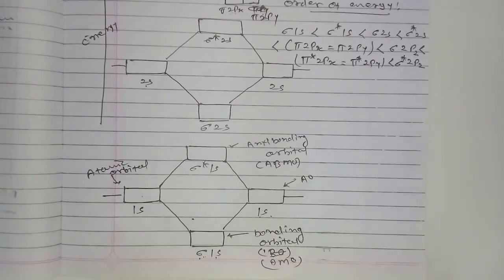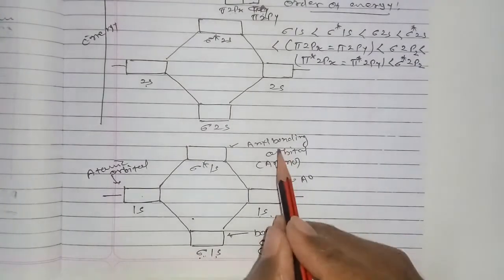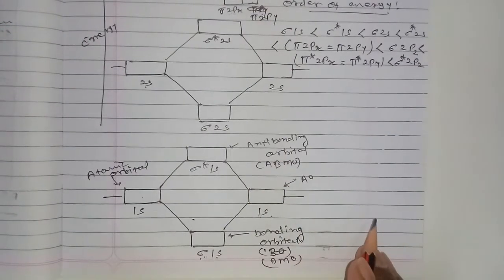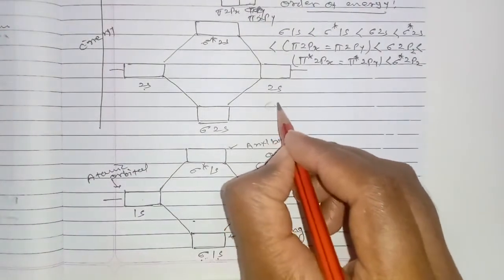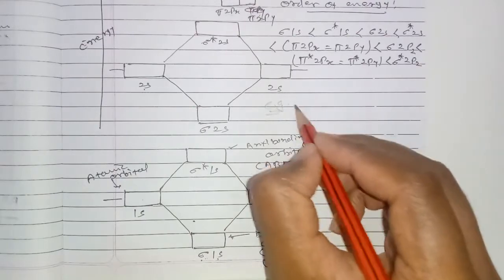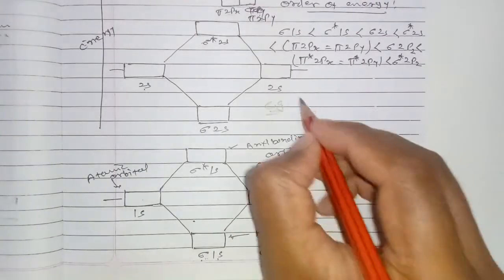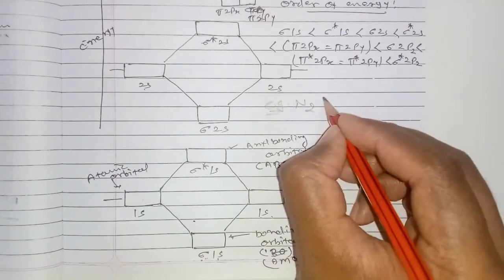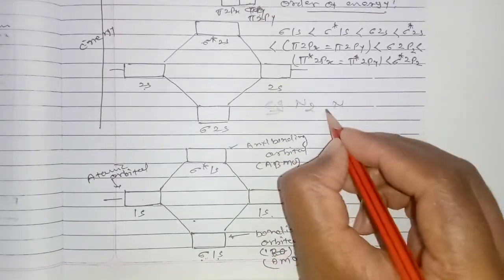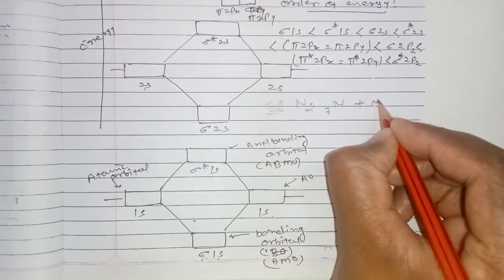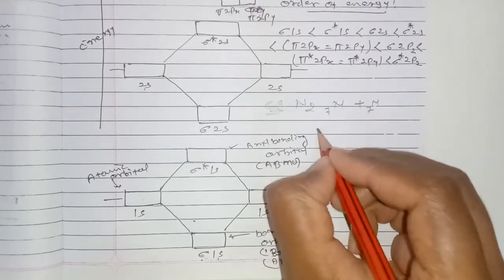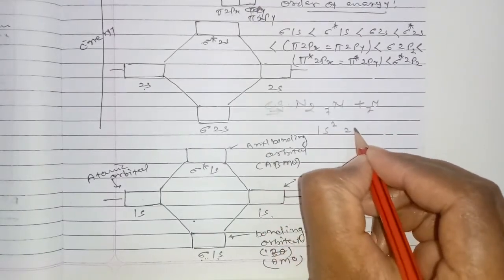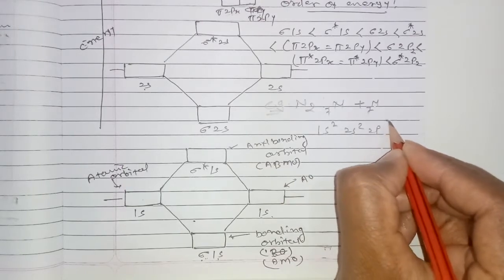Now let's see how many electrons are present in the bonding orbitals and the anti-bonding orbitals. For example, the nitrogen molecule. Nitrogen's atomic number is 7, and its electronic configuration is 1s2, 2s2 and 2p3.